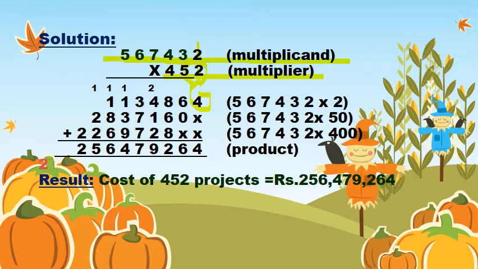Multiply as above. But this time write your answer in a new row, shifting one digit place to the left and place a cross in the units place because we have moved to tens place. Now you have multiplied the digit 5 by every digit in the top number.